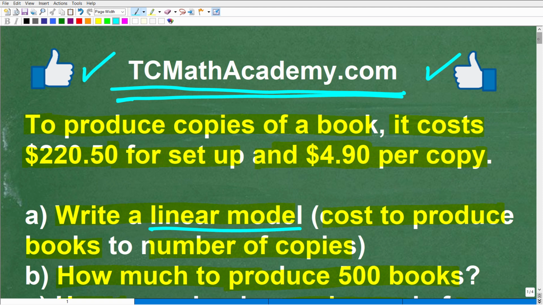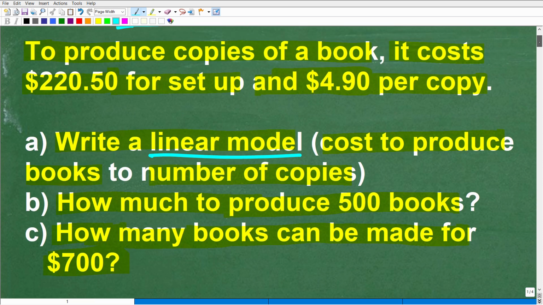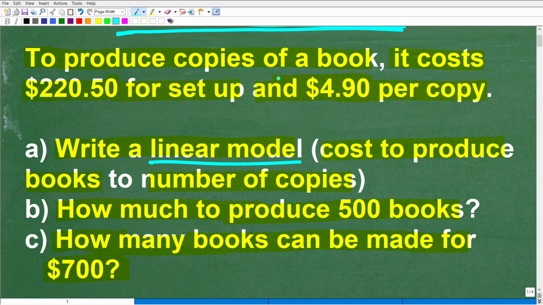Okay, so let's go and take a look at the answer. Again, we have this situation: to produce copies of a book, it costs $220.50 for initial setup, and then $4.90 per copy. We want to answer these three parts. A, we want to write a linear model that relates the total cost to produce a certain amount of books to the number of copies that you want, right? So, given 75 copies, how much is that total cost?